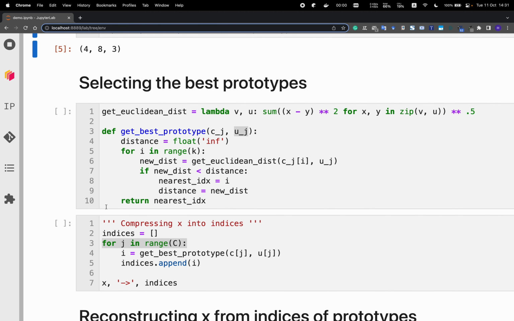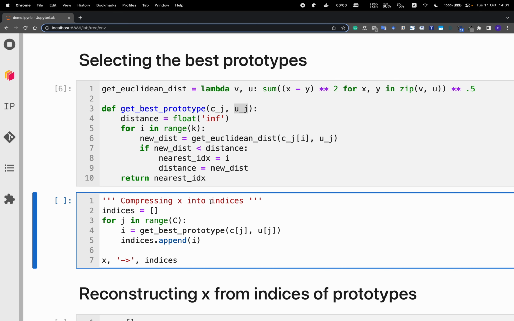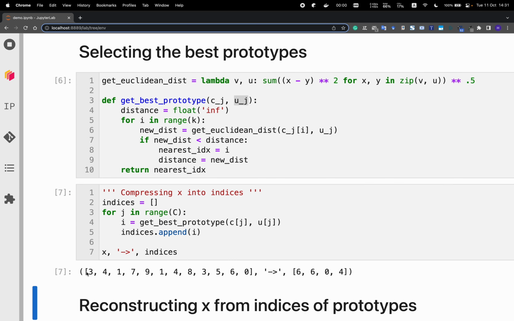Now we define the Euclidean distance, and using it we find the best prototype for each subspace. Essentially, we are compressing the original X to just four indices into that prototype table.